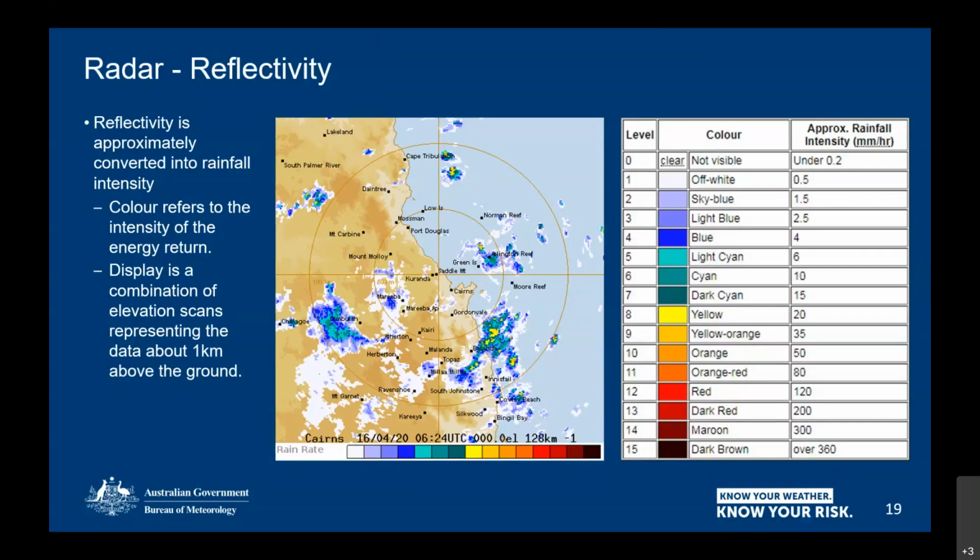Now, in this image we're trying to display the rainfall that's approximately 1 kilometre above the ground. And so to achieve this image, we have to join a couple of the lowest scans together to represent that 1 kilometre above the ground.